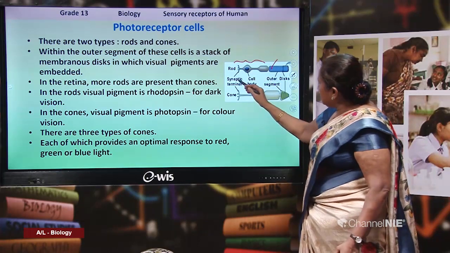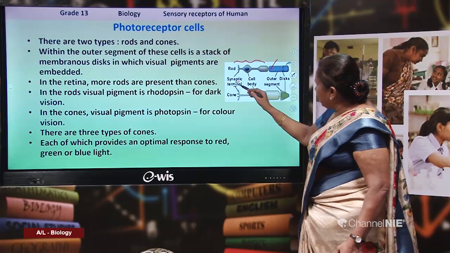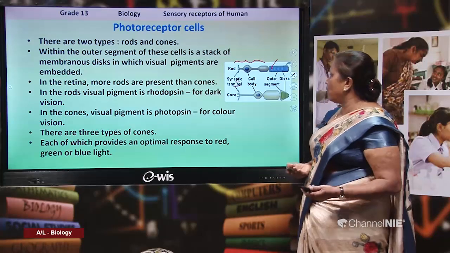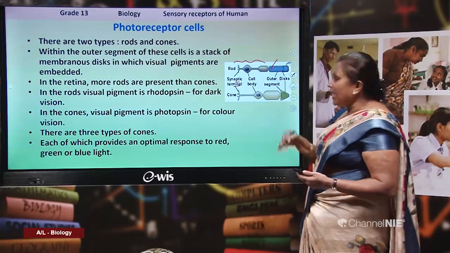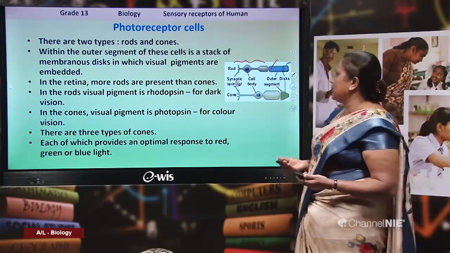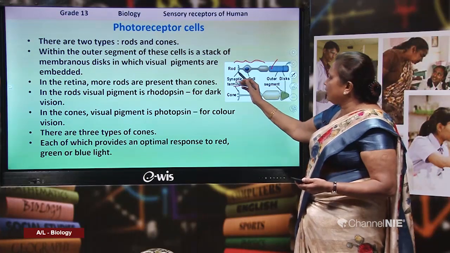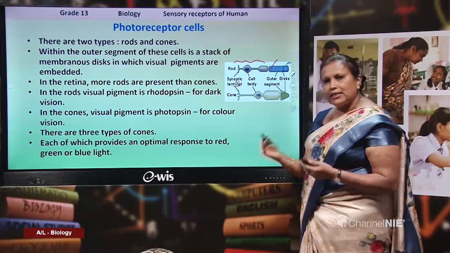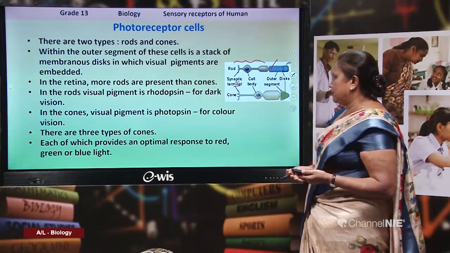This area contains synaptic terminals. When the light is focused, these cells get stimulated and change the voltage. A voltage difference occurs, so that makes the action potential which transmits from this particular cell to the next cell, which is the bipolar cells.